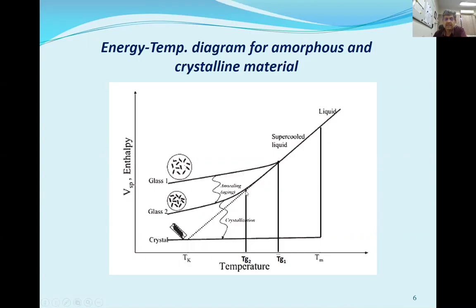That is why we are saying this, and it is also much higher than the crystalline state. So the amorphous sample or the glassy sample has much higher enthalpy and volume at the same temperature as compared to the crystalline solid and as compared to the supercooled liquid state.